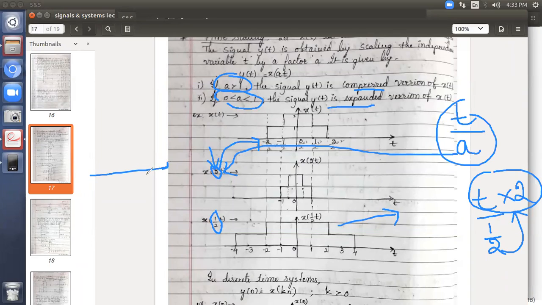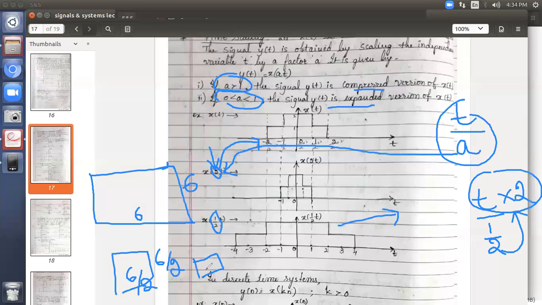If you have a container or a cube of length and width 6x, if you want this to be of reduced size, compressed size, you will take the size, divide by some ratio, equal value, you divide it, then only you will get a smaller version of it. So in order to get the smaller version, division operation is important.